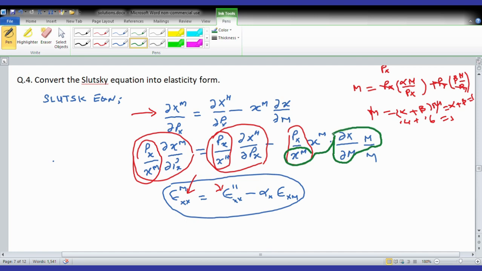So this is dxm over dm times m divided by xm. So this is income elasticity, and what is left is px xm over m. So px xm over m is the share of income being spent on x. So this is the elasticity form of the Slutsky equation.